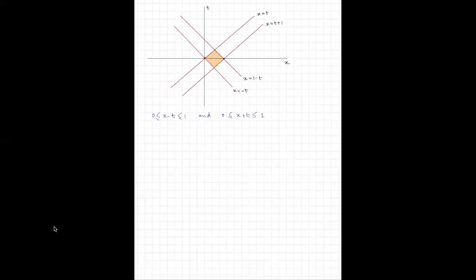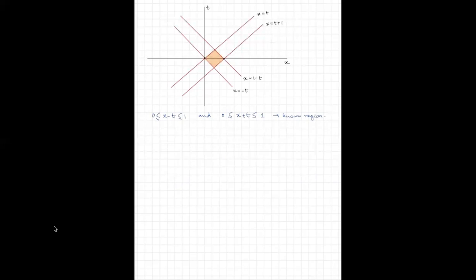This is the known region. So you see this is a finite area square, situated symmetrically about the x-axis, that is, t equal to 0.